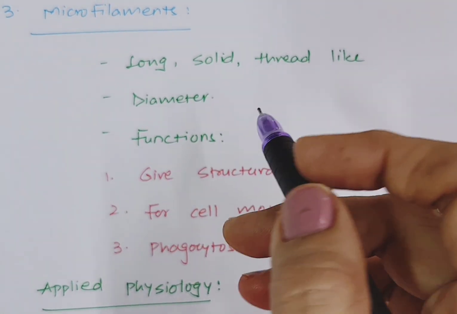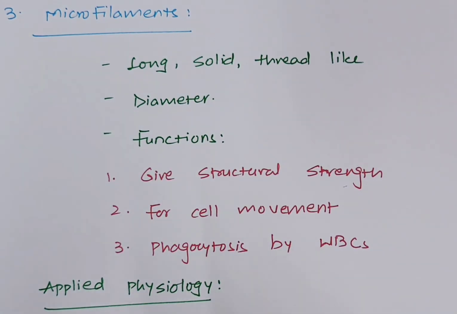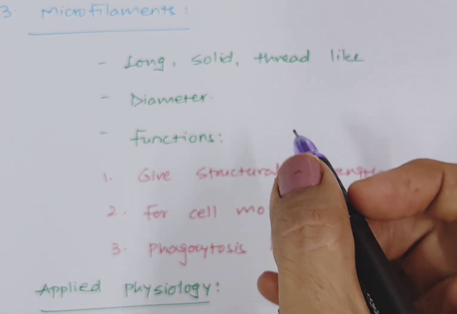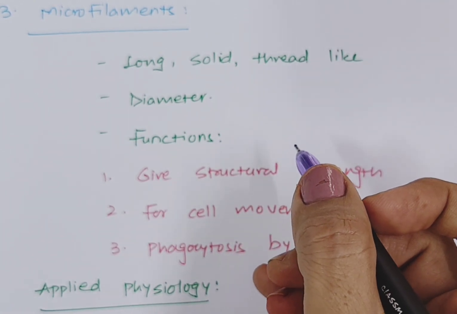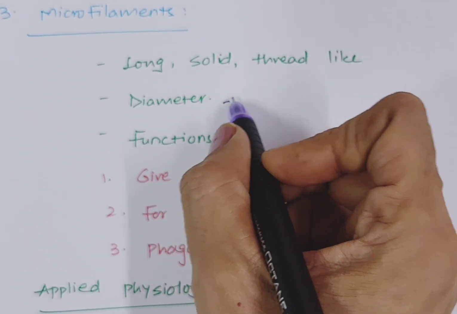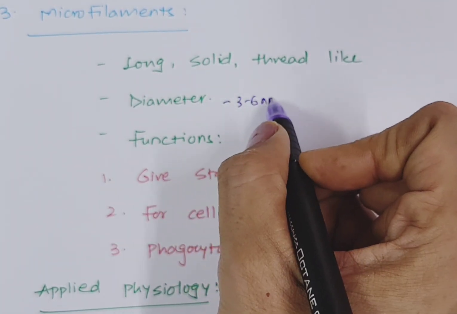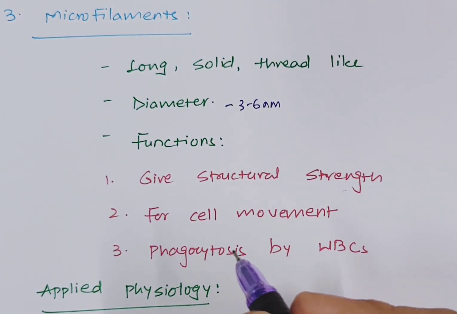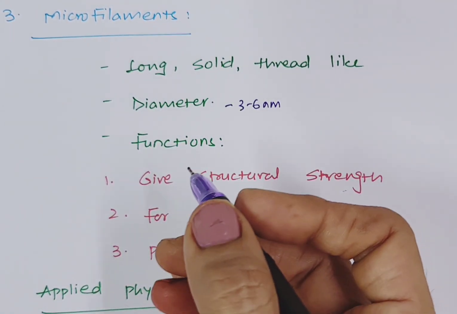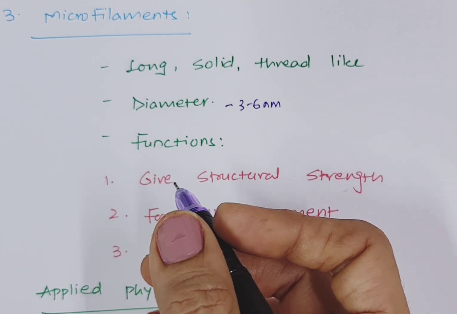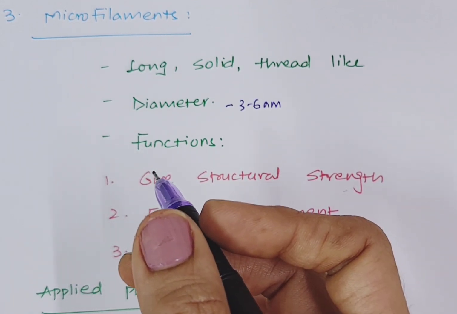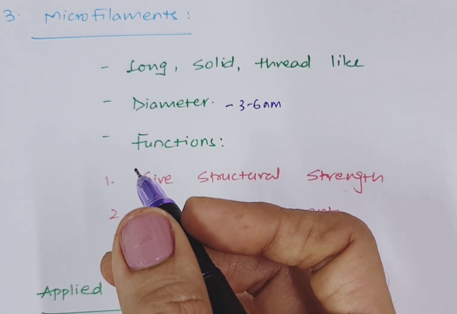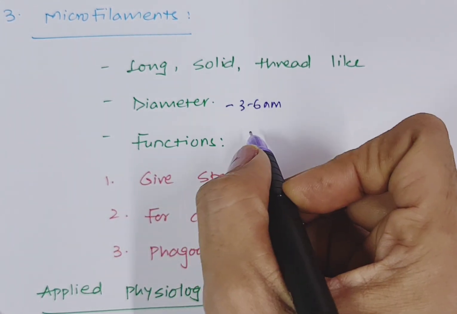Then comes the microfilament. Its diameter is the least. Microtubule is 20 to 30, intermediate filament 10 to 12, and this has a diameter of about 3 to 6 nanometers. So they are again filamentous, thread-like structures, and they are made up of non-tubular protein. Microtubules have tubular protein, tubulin. Here these are made up of non-tubular contractile proteins, actin and myosin.